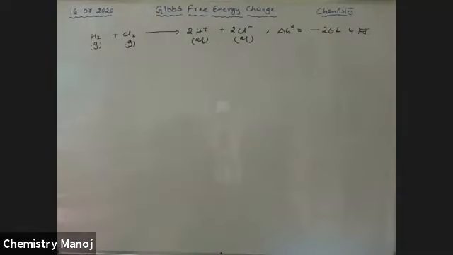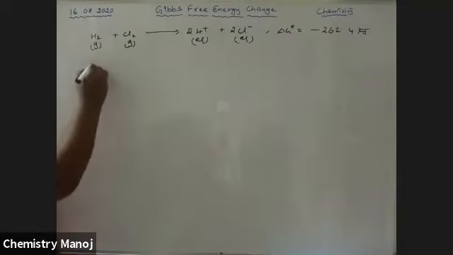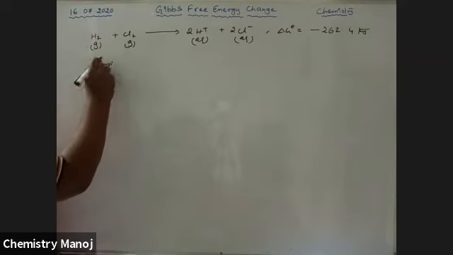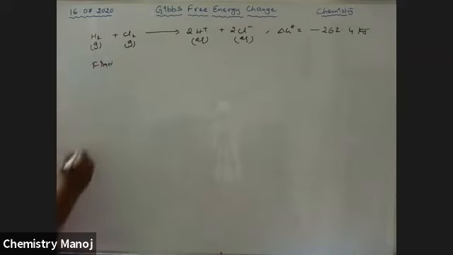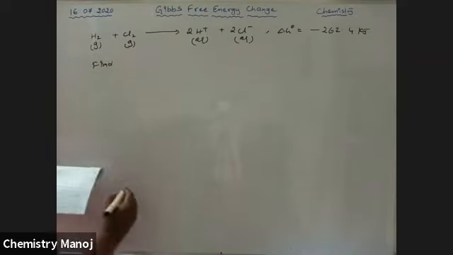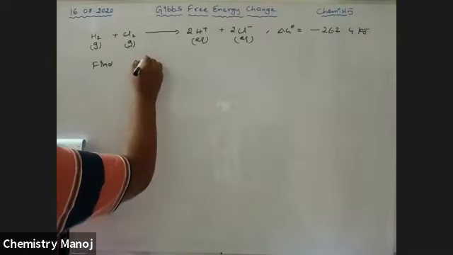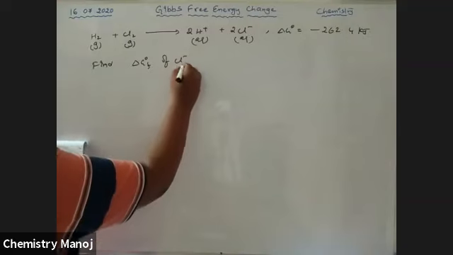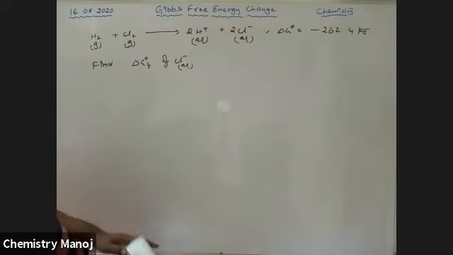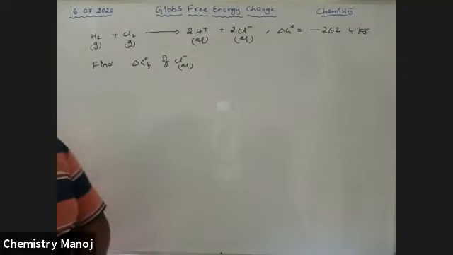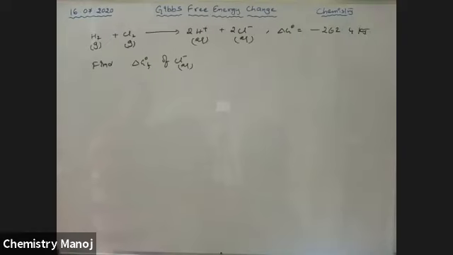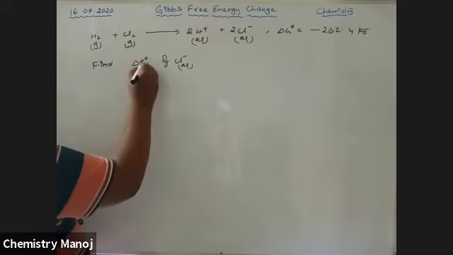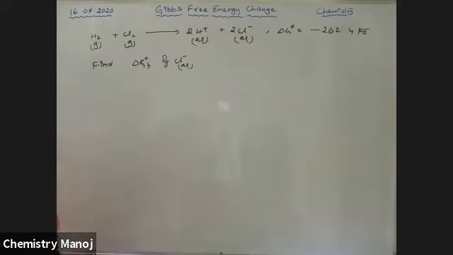Find delta G naught f of Cl- aqueous ion. Try yourself. All conditions are already given to you. Just solve the problem.